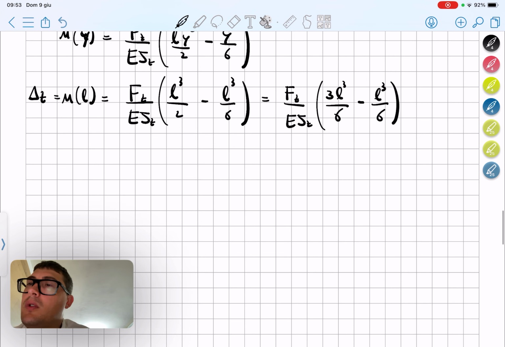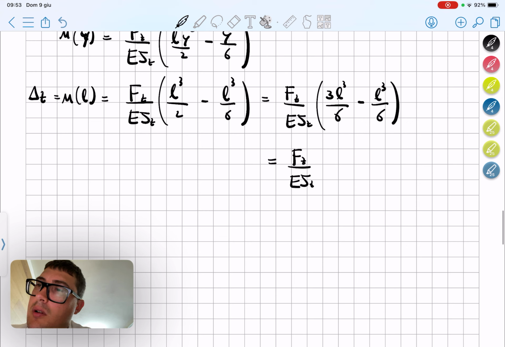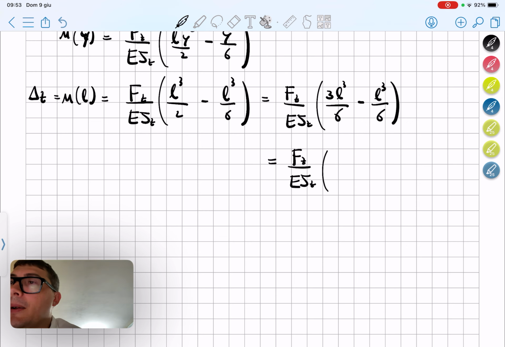So 3 minus 1 is 2 over 6, which is 1/3. Yes, L to the cube.